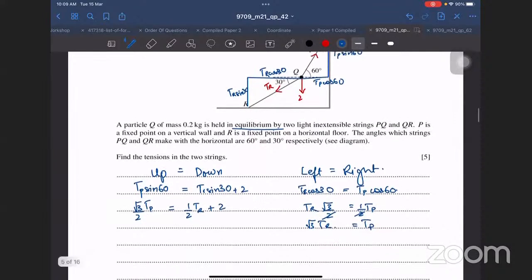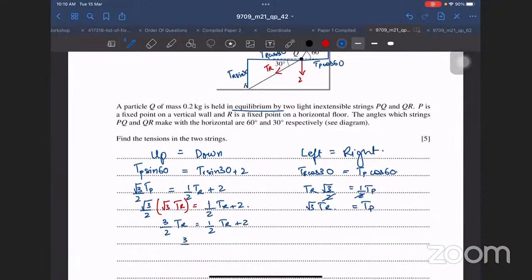If I use the substitution here, root 3 over 2 times root 3 TR equals half TR plus 2. That gives me 3 over 2 TR equals half TR plus 2. 3 over 2 TR minus half TR equals 2.